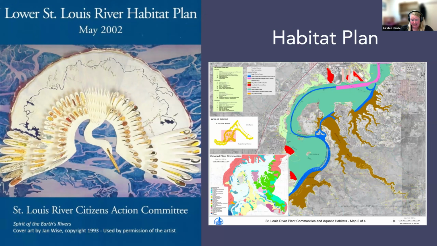So we wondered, is there a way to feed two birds with one scone and both meet the needs of making a habitat map for the reserve system for NOAA, while also meeting the needs of the habitat work group for this habitat plan update, so that they could better understand current conditions, support identification and prioritization for future restoration and conservation projects, and maybe look back also and see what changes there have been in the last 20 or so years.